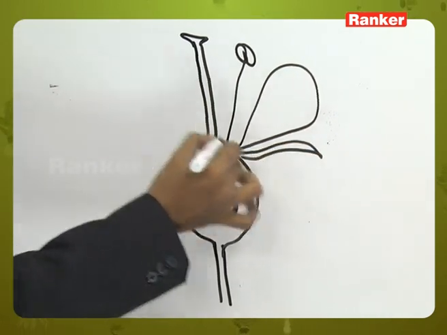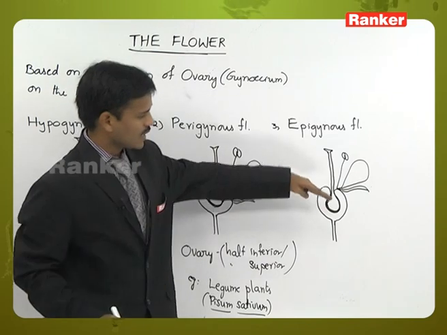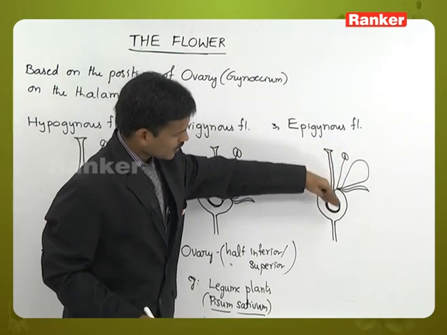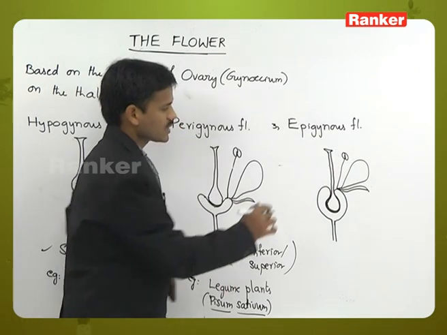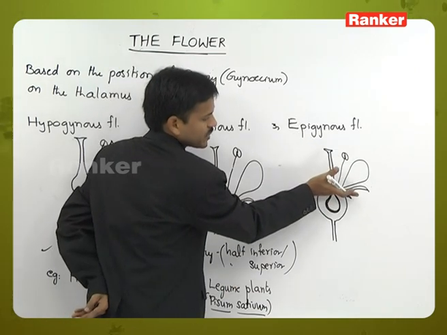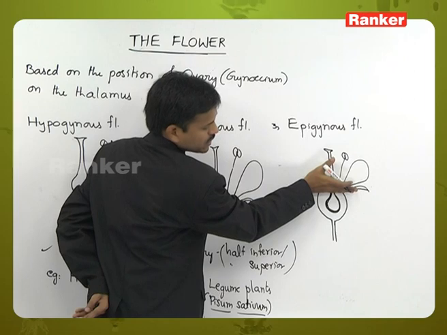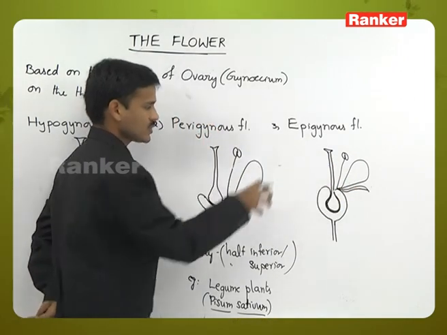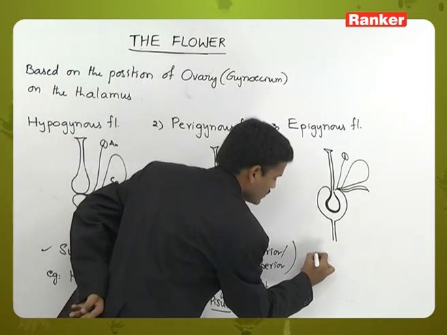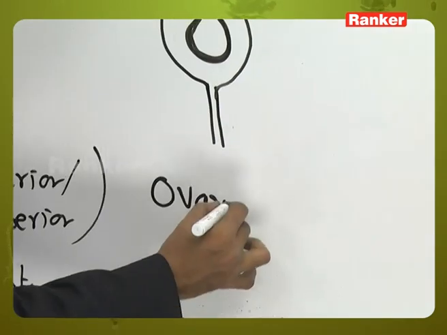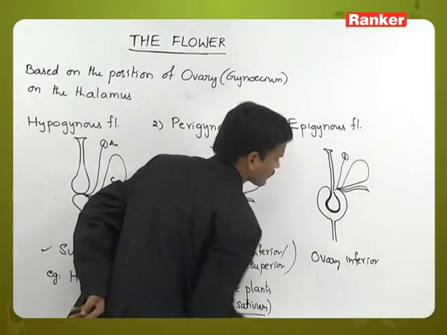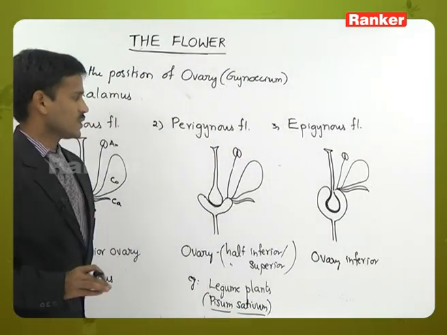Here the floral parts are attached above the gynoecium. If you compare the position of the ovary and the remaining floral parts, the ovary is inferior, below the floral parts. So the ovary is inferior, inferior ovary.